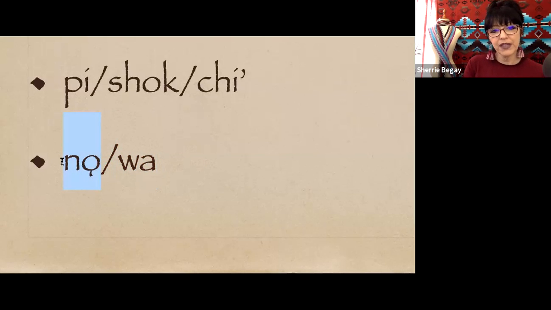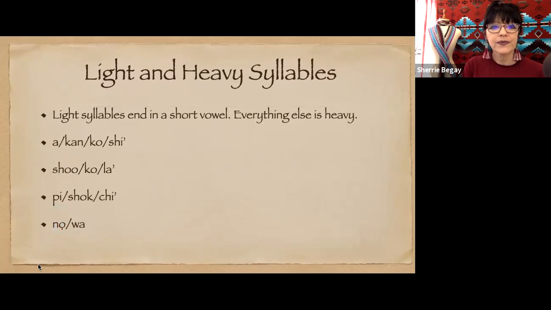No, it doesn't, because O is nasalized. So it cannot be a light syllable. This one is a light syllable. It ends in a short vowel. This one is a heavy syllable because it is not light. And I don't want to go over all the rules about it because it's just confusing. It's just better to know if it's not light, well, then it's heavy. That's just the easiest way to remember it.